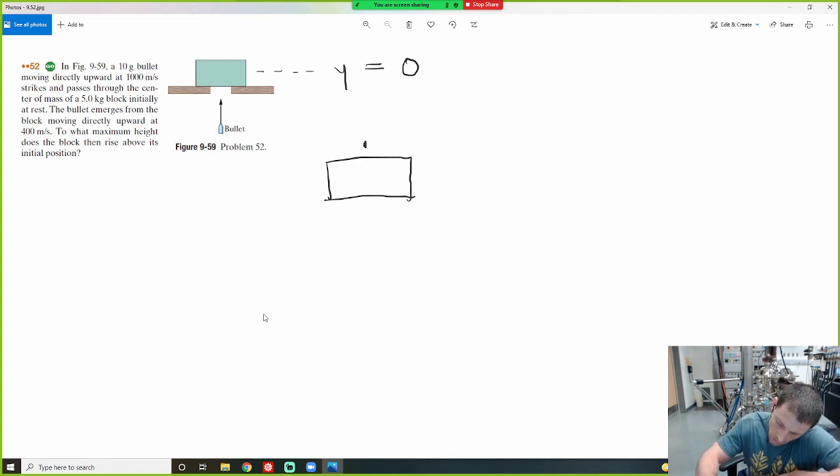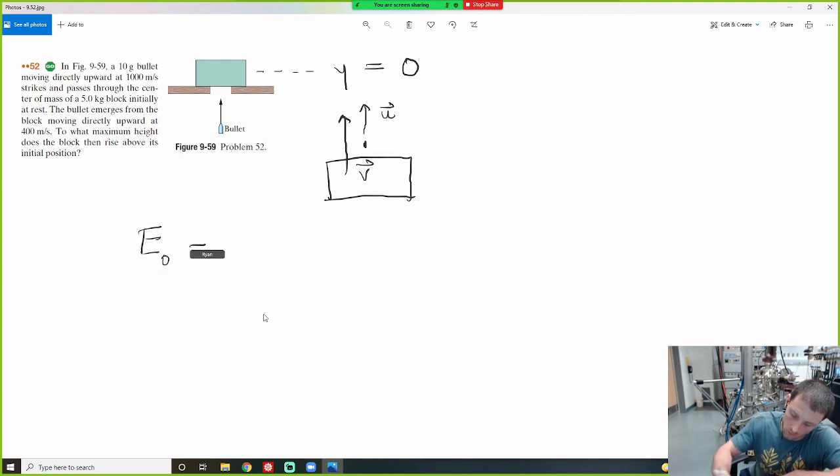And this, remember, is moving up with velocity u, and the block is moving up with velocity v. So the energy here would be the kinetic energy of the block plus the kinetic energy of the bullet.